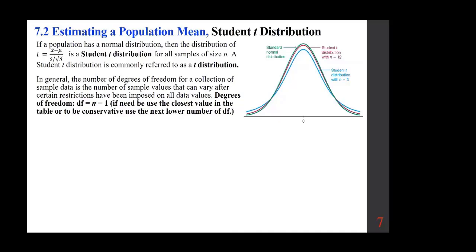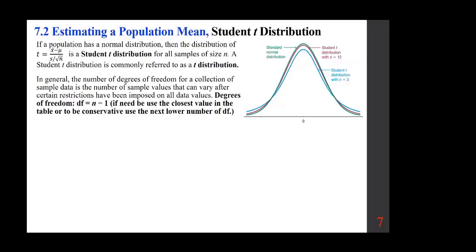In general, the number of degrees of freedom for a collection of sample data is the number of sample values that can vary after certain restrictions have been imposed on all data values. Degrees of freedom is defined as n minus 1. Now, when we use technology, we have access to the answer. That's fine and dandy.